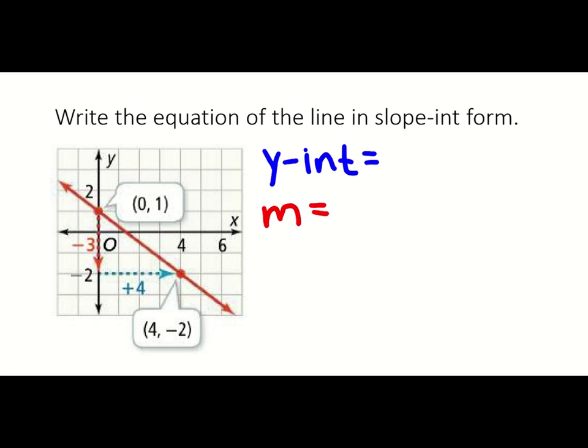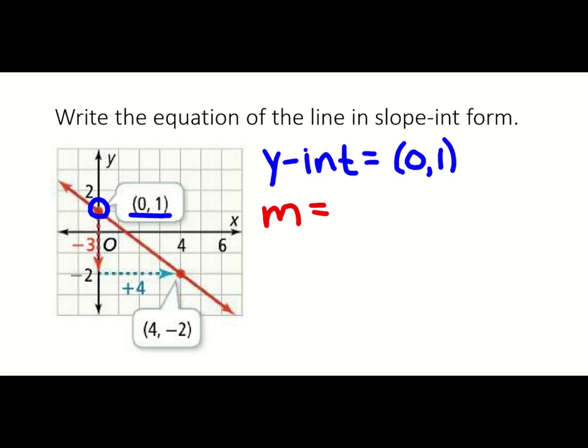Your y-intercept is found by looking at the y-axis and seeing where the line crosses the y-axis. If we look at the vertical axis, right here would be the point where that line touches the y-axis, which is the point (0, 1), according to the picture, because right here it says that's (0, 1).